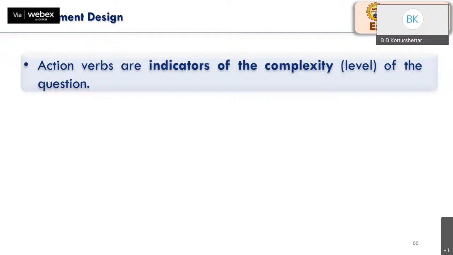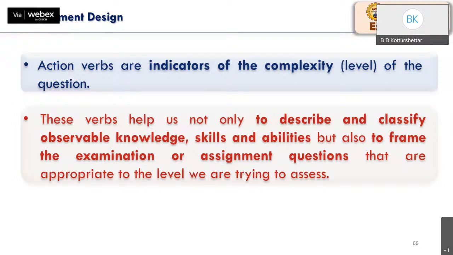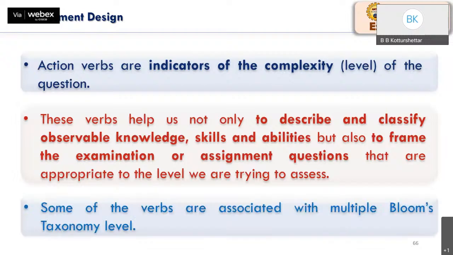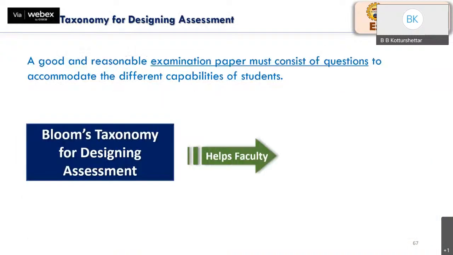Coming to the action verbs, they are indicators of the complexity that I have already explained. So these verbs help us not only to describe and classify the knowledge, skills, and abilities, but also they help us in framing the appropriate questions. And most importantly, some of the verbs are associated with multiple Bloom's levels. We should be careful about this aspect.